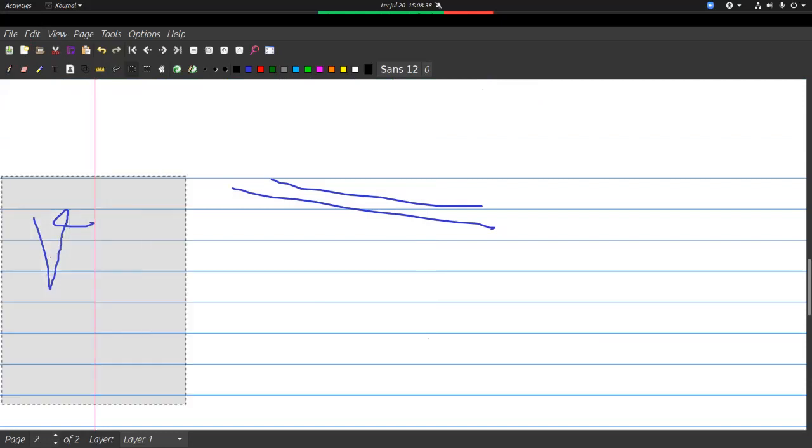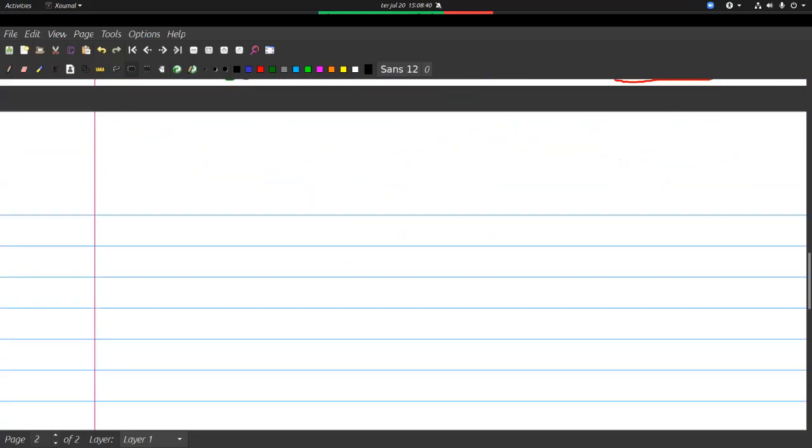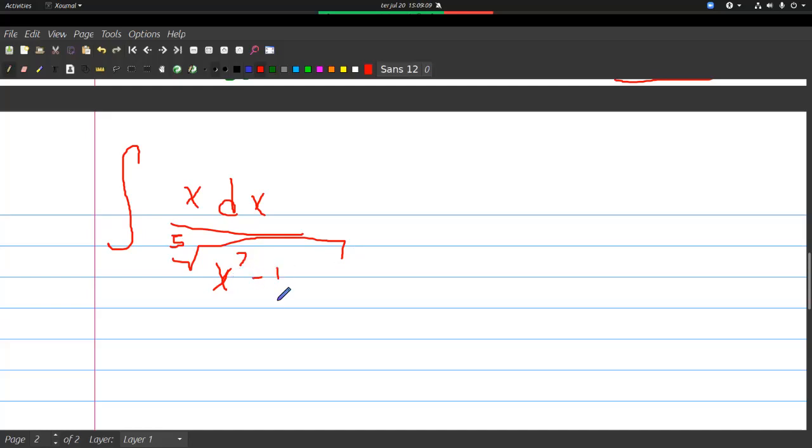Okay, so now the last one. I'm going to write it as it is written in the exercise, but we're going to then write it another way. x dx over the fifth root of x squared minus 1.